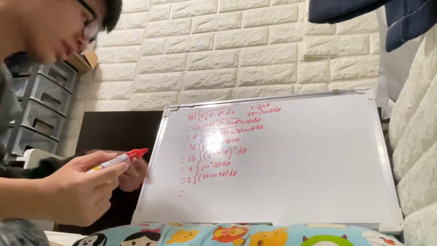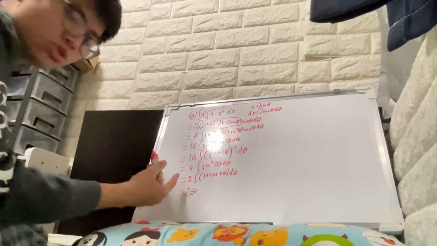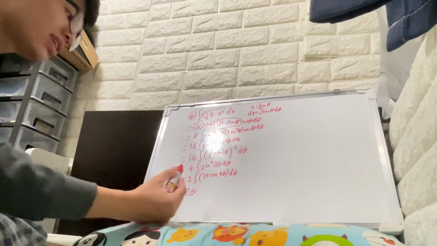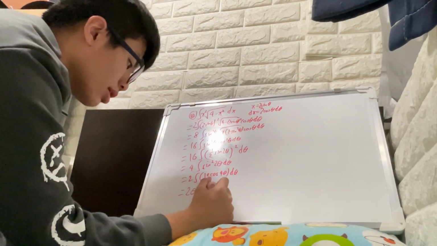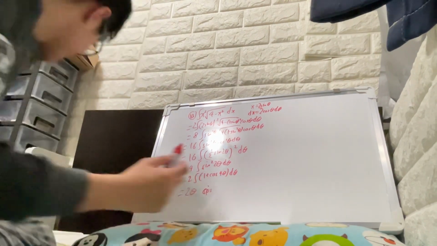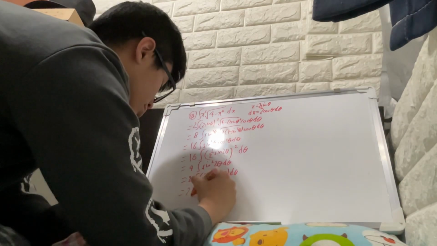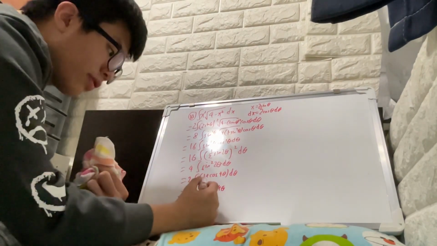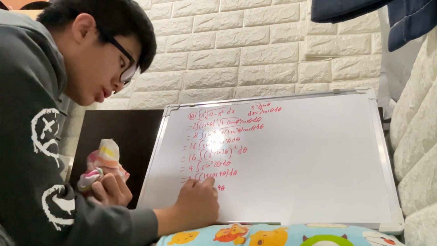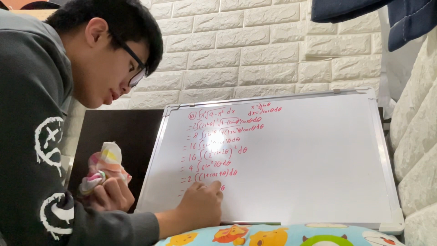So it becomes 1, integrate, you get theta, distribute the 2 here, you get 2 theta, and then cosine 4 theta, integrate, it becomes sine 4 theta, and then 1 over 4, and then 2 times 1 over 4 becomes 1/2.